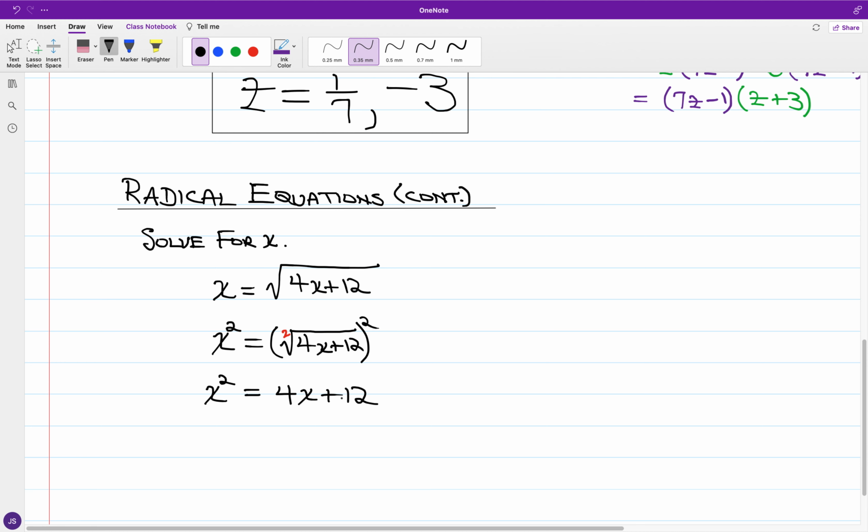Now in this situation, we have a quadratic equation that we can convert into standard form. So again, we have x squared is equal to 4x plus 12. If I set this up equal to 0, we can accomplish this by taking the terms from the right and deducting on both sides.